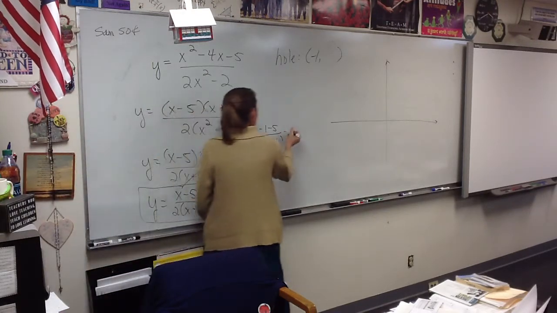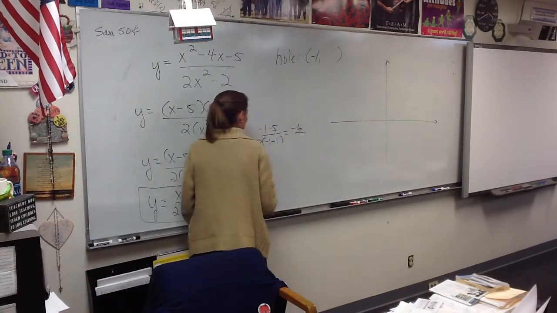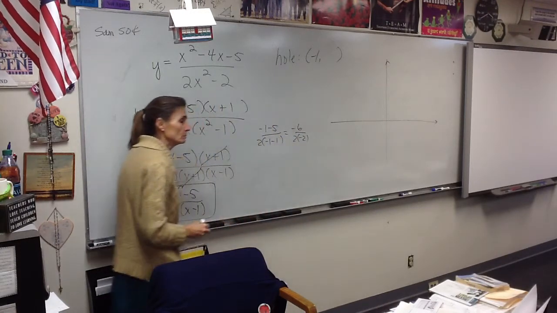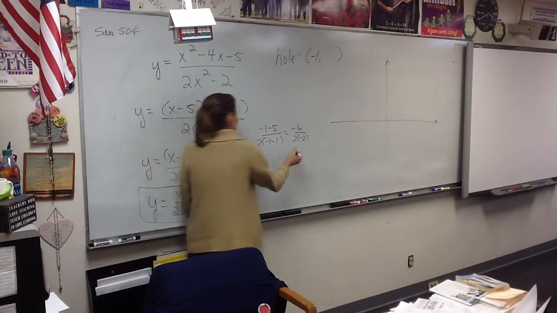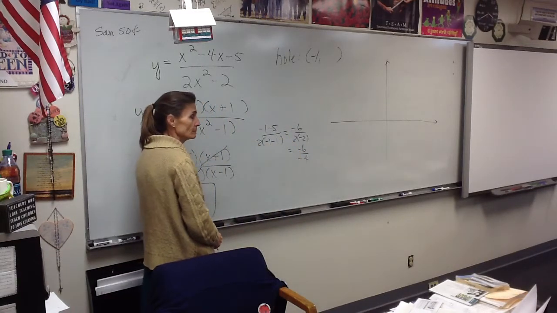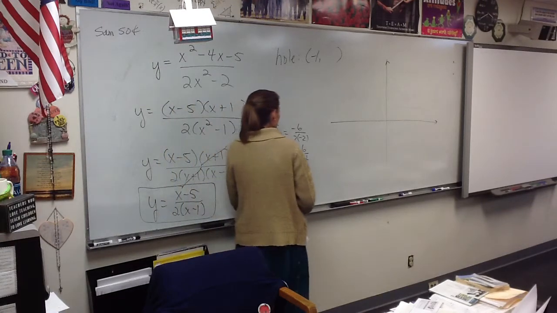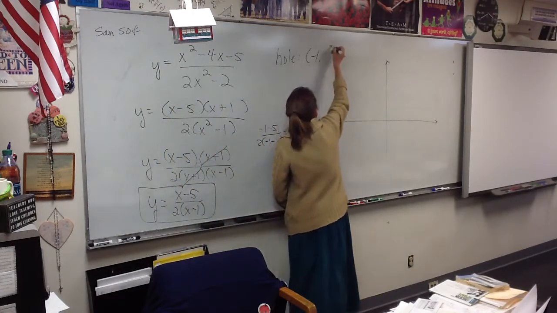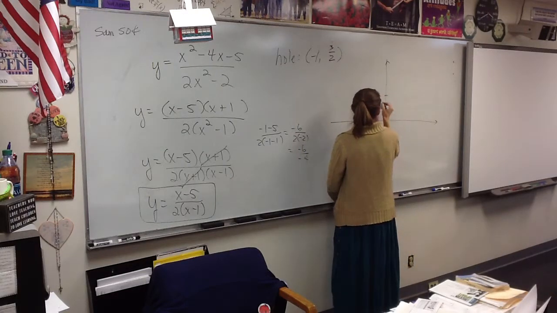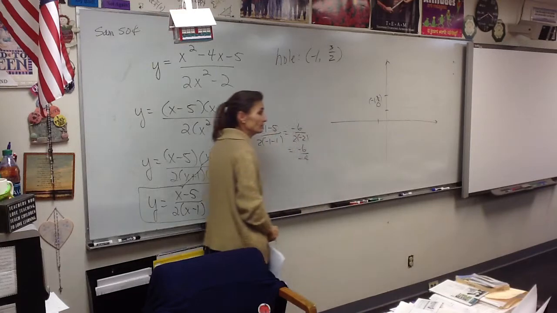So that's negative 6 over 2 times negative 2. So that's negative 6 over negative 4, which reduces to 3 halves. So I have a hole at negative 1, 3 halves.